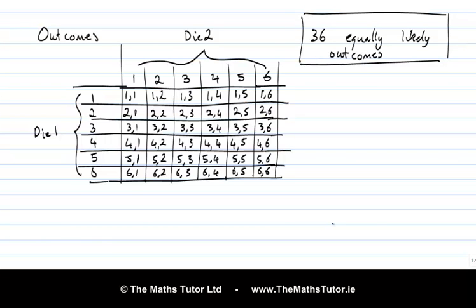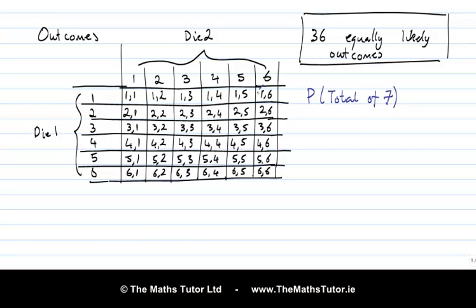So now let's consider some events and calculate their probabilities. For example, we might want to calculate the probability of rolling a total of 7. So what do we do? Well, we go through the table and we find the outcomes that correspond to this event. I'll circle them in blue here. So which outcomes give us a total of 7?